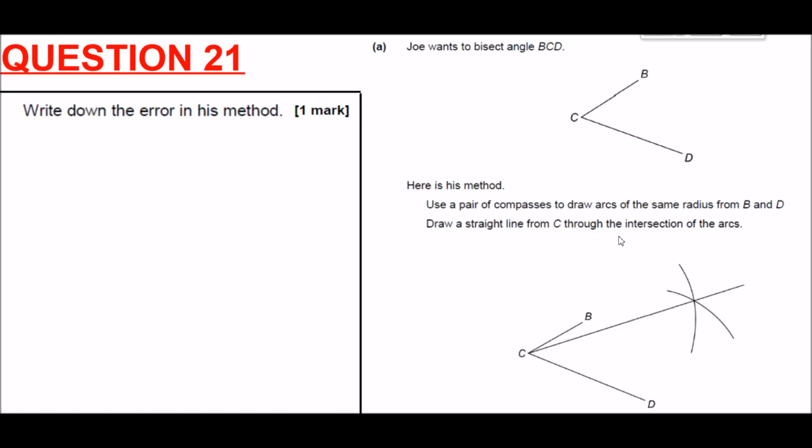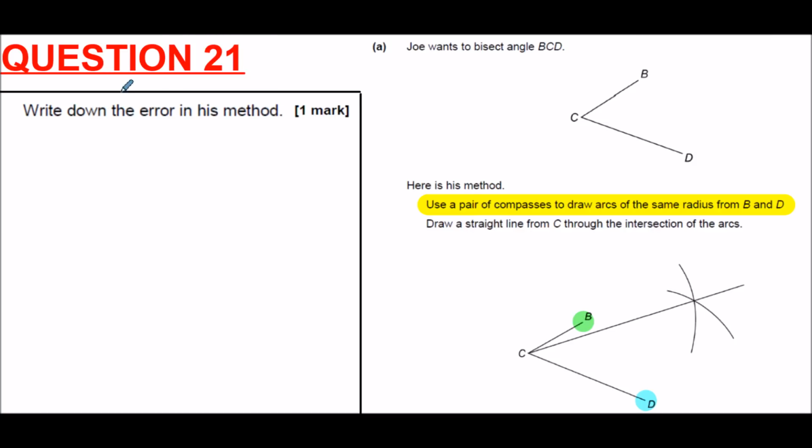So it seems reasonable what he's saying, but the key thing here is the first step is where the error's been made. Where he says use a pair of compasses to draw arcs of the same radius from B and D, that's just not right. If you do one from B and one from D, it won't work because B and D are different distances from C.